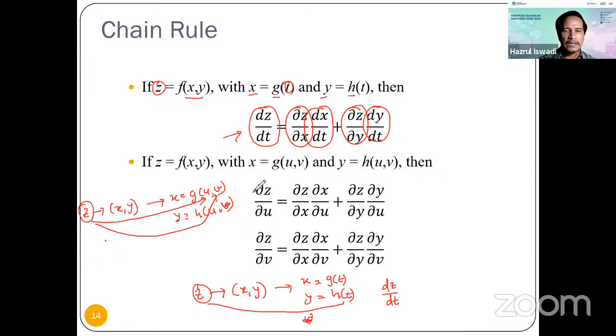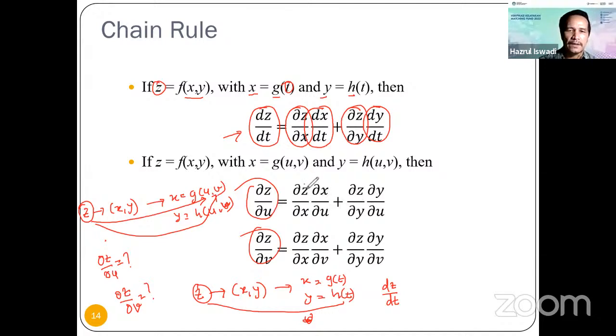And the answer is like here: the partial derivative of z with respect to u, and the partial derivative of z with respect to v. The formulas to find the partial derivatives are like here.